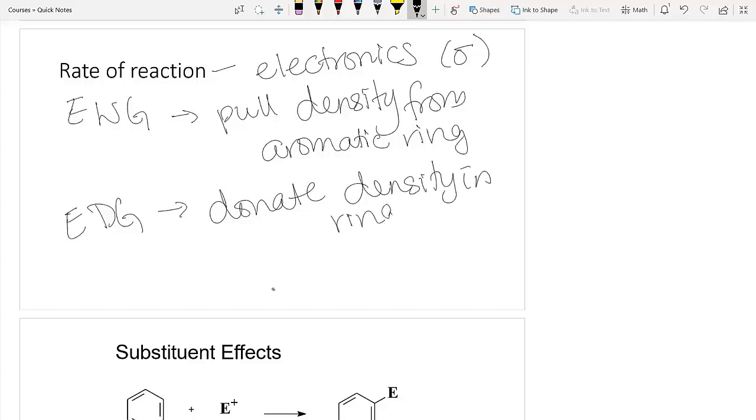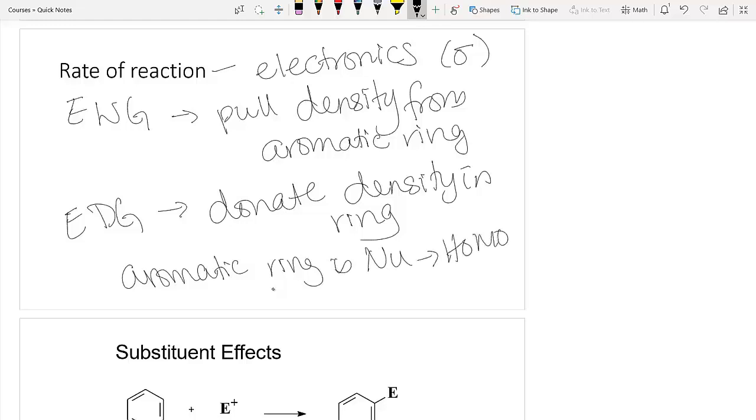Now, recall electron donating groups are going to donate electron density to the aromatic ring. Also remember that aromatic rings are the nucleophiles in electrophilic aromatic substitutions. So the aromatic ring being the nucleophile, it's the HOMO of the aromatic ring that's going to react with the LUMO of the electrophile.